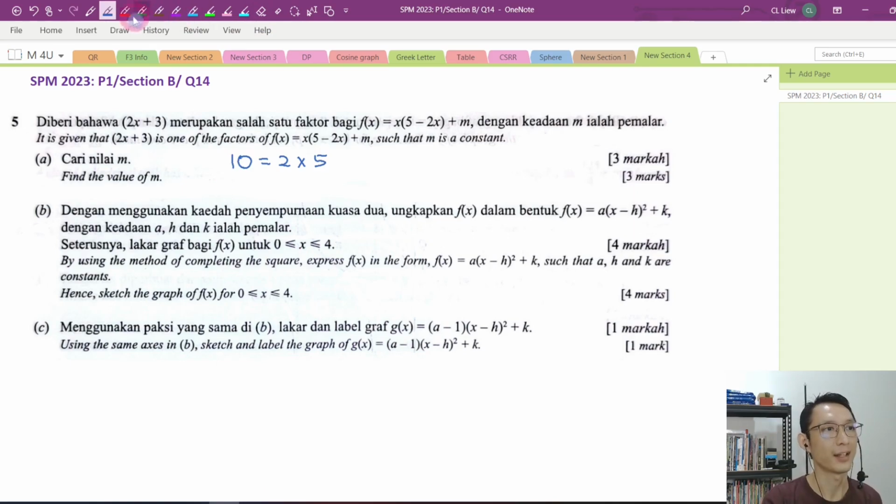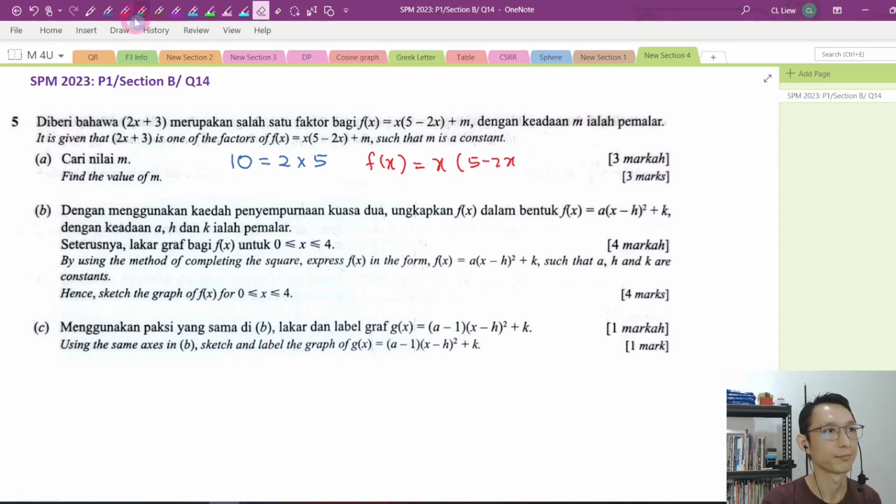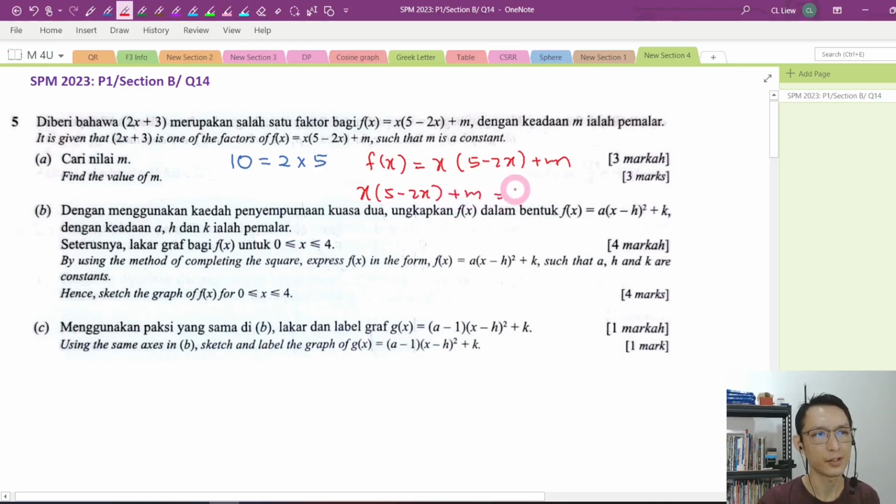So this means that if the question tells you this is one of the factors of this, it means f of x is equal to 2x plus 3 times 5 minus 2x plus m. Oh, sorry. Plus m. And since this is one of the factors of this, it's the same thing as 2 being one of the factors of 10.